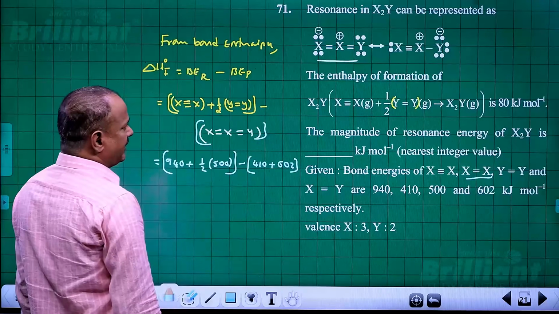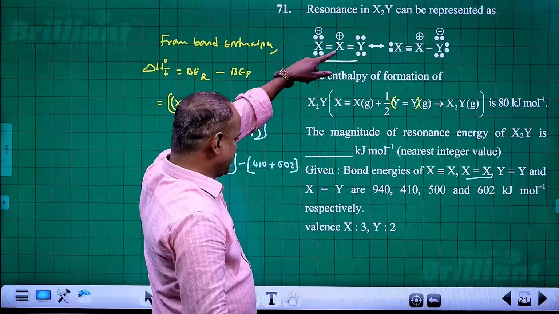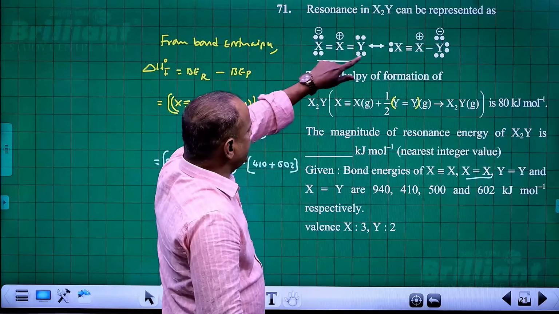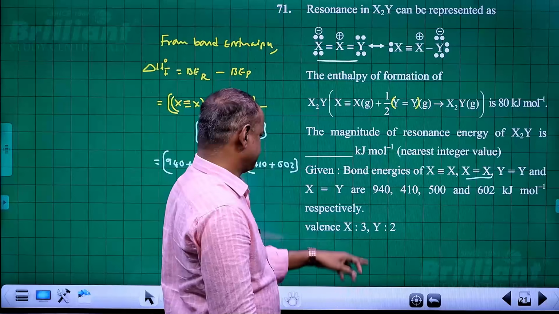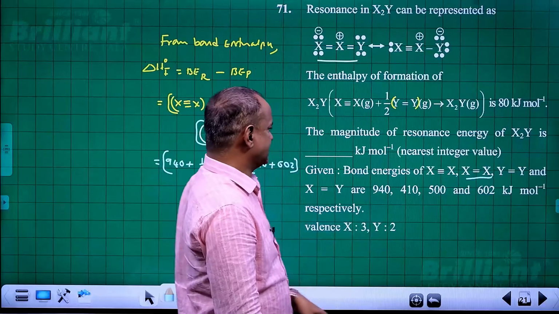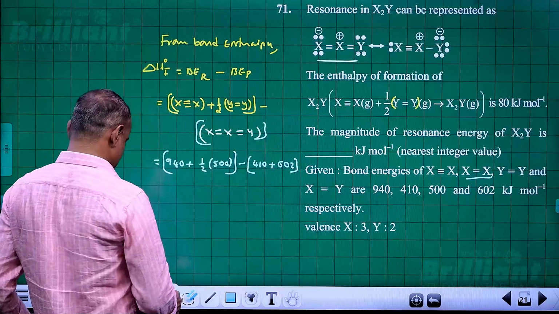We have taken this structure because they are resonance compounds. From the data, XY value is not given, that's why I take this molecule.